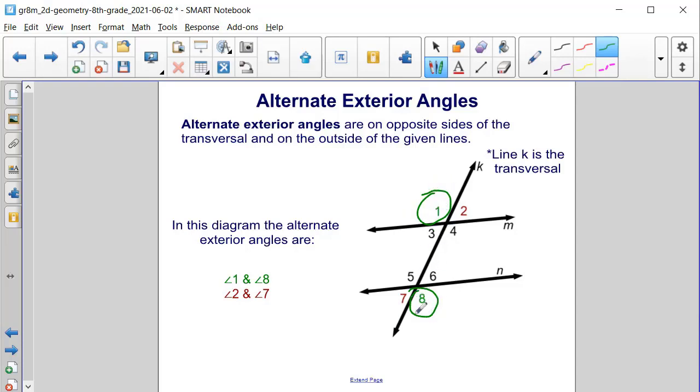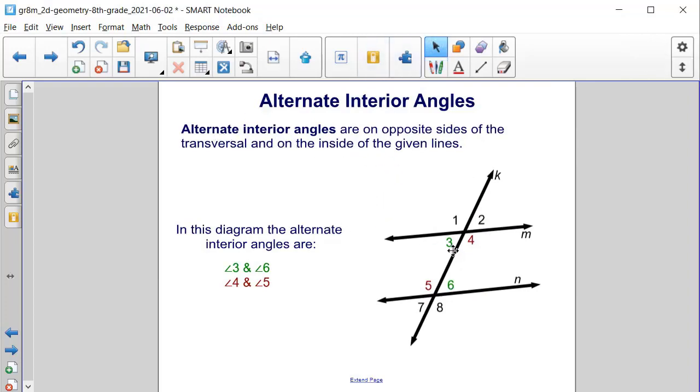This is on the left and this one's on the right. The other pair that go together are angle 2 and angle 7. Angle 2 is in the upper right position and 7 lower left. So they're on opposite sides of the transversal and outside of the two lines that we're dealing with.